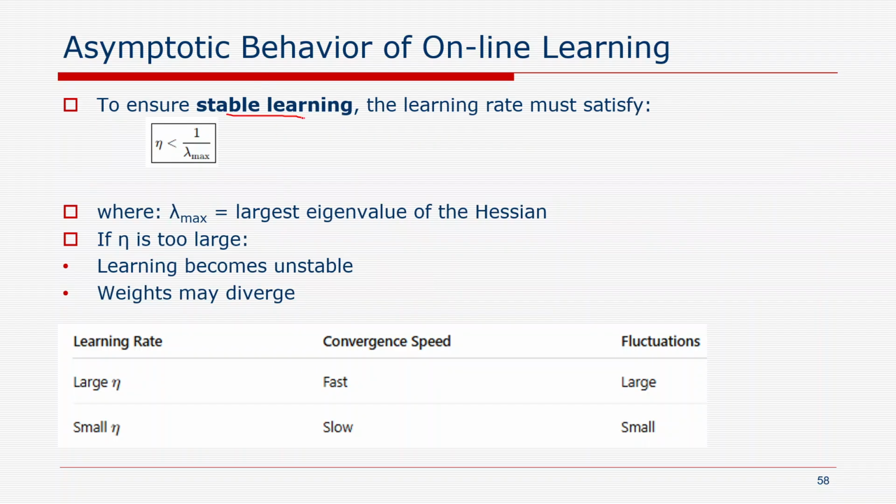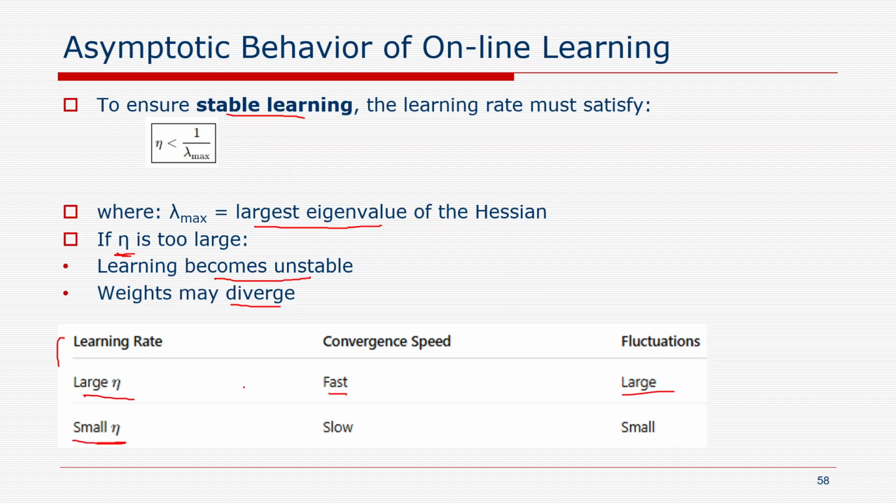To ensure stable learning, the learning rate should always be less than 1 over lambda max, where lambda max is the largest eigenvalue of the Hessian matrix. If the learning rate parameter is too large, learning becomes unstable and weights may diverge. Looking at the table, for a large learning rate, convergence will be fast, but the fluctuations will be large.